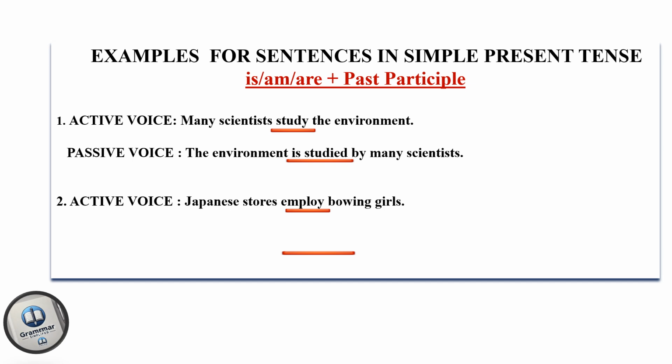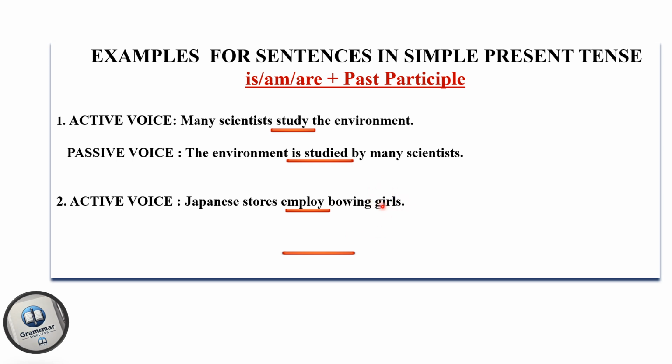Next example. Japanese stores employ Boeing girls. Here, Boeing girls is the object, Japanese stores is the subject, and employ is the verb. Employ is in which tense? It is in present tense. So when you change from active to passive voice, Boeing girls will come to the subject place and Japanese stores will go to the object place.